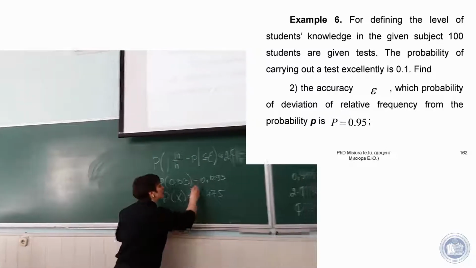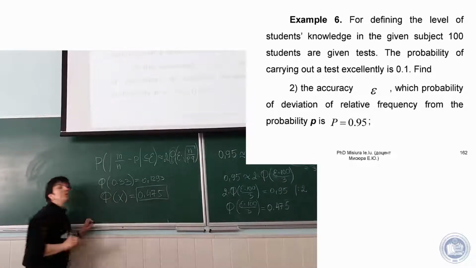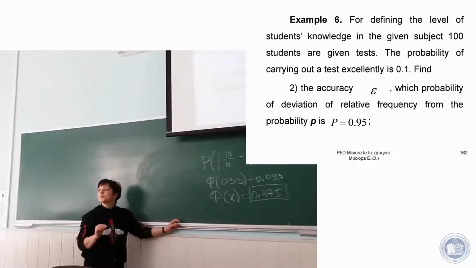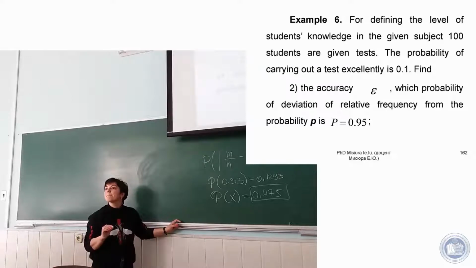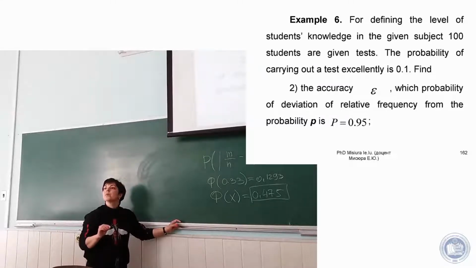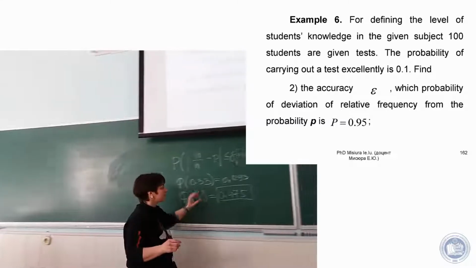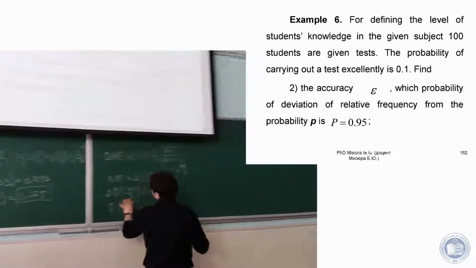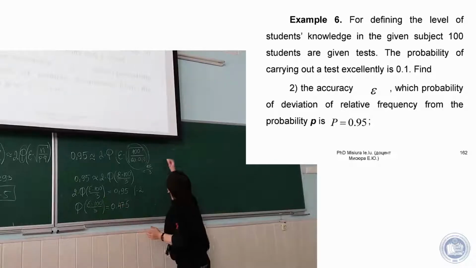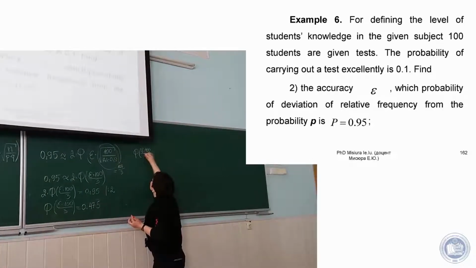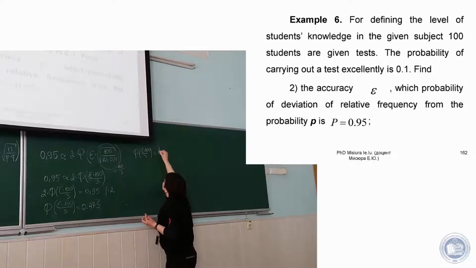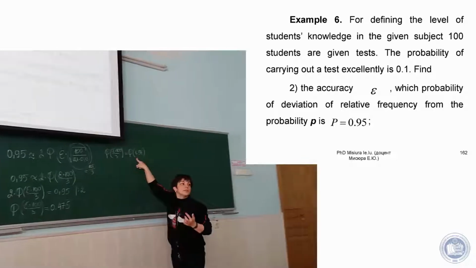Let's look for 0.475. 1.96. Thank you. It means, students, phi of epsilon times 100 divided by 3 equals phi of 1.96. Is it correct? Yes.